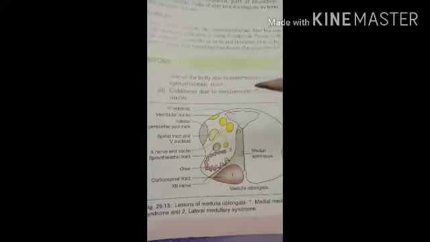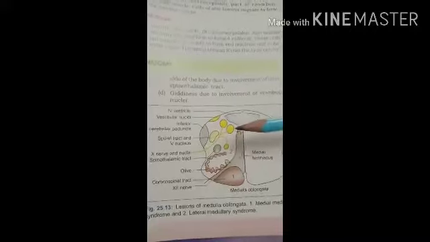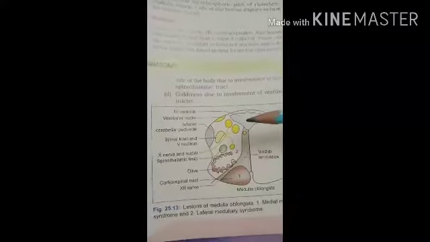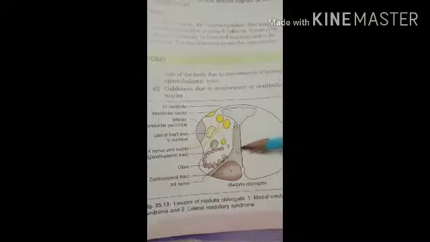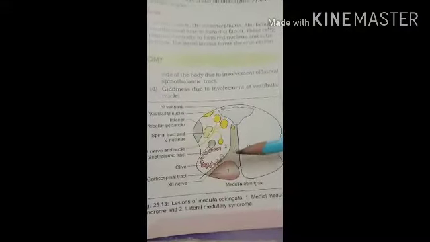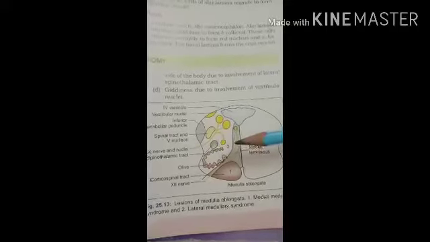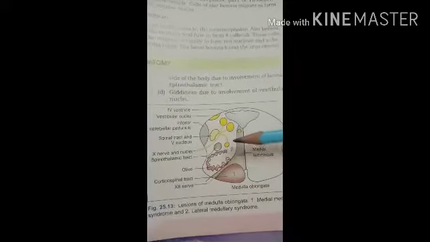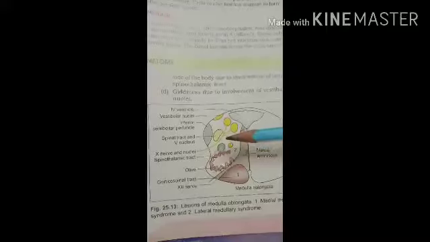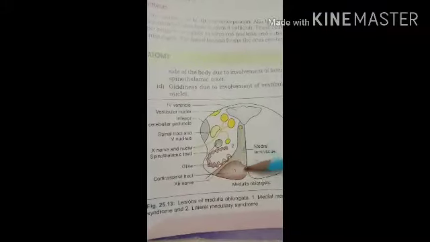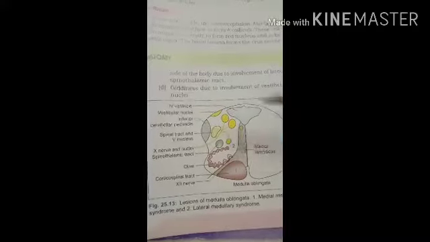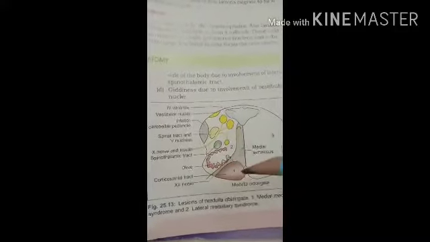Second, loss of sense of vibration and position due to damage of the medial lemniscus. Then paralysis of the muscles of the tongue due to same-side injury of the 12th cranial nerve. So these are the symptoms seen in the medial medullary syndrome.